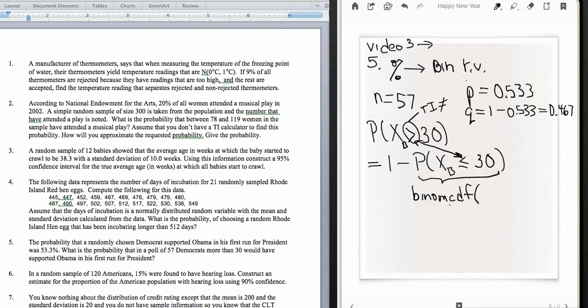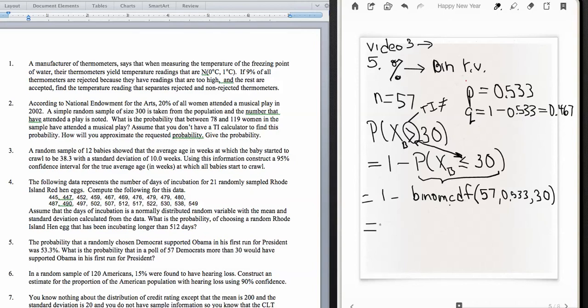because that's cumulative distribution function. So this is a binomial CDF with n of 57, p of 0.533, and then my x of 30. And I'm going to do 1 minus that when it's all said and done.